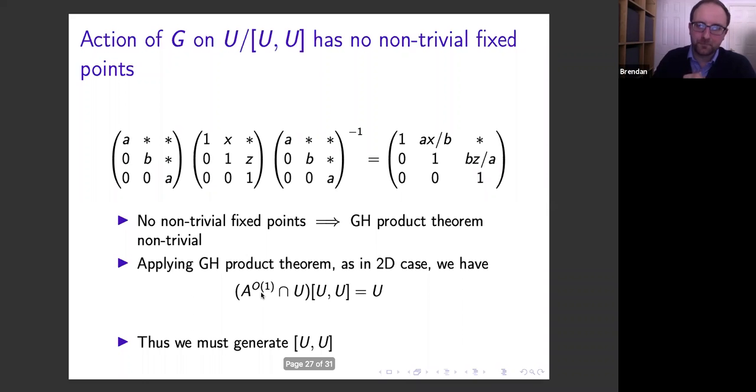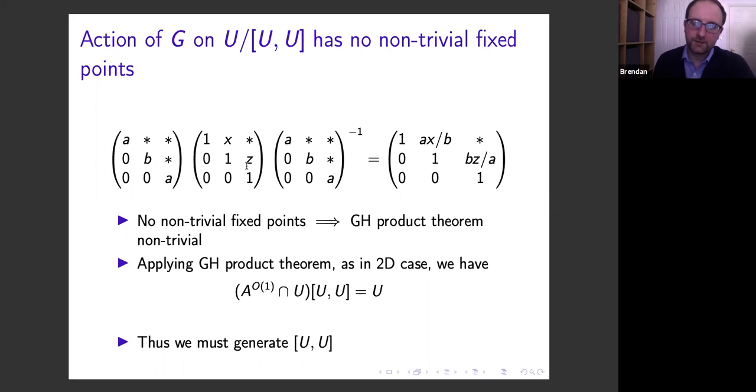Okay, so we want to apply the Gill and Helfgott group action product theorem, and there's this condition about elements with non-trivial fixed points that we need to take care of. It turns out that this is Gill and Helfgott's strategy, and it's the strategy that I use as well: you want to generate U level by level.